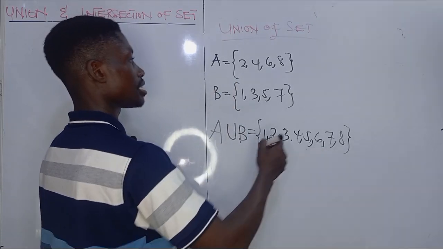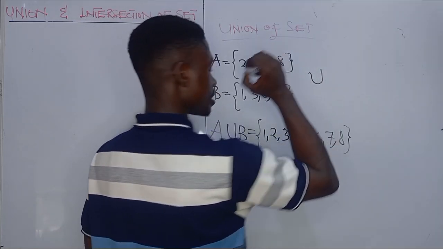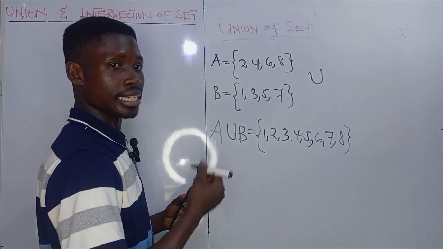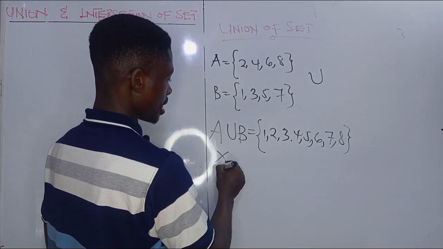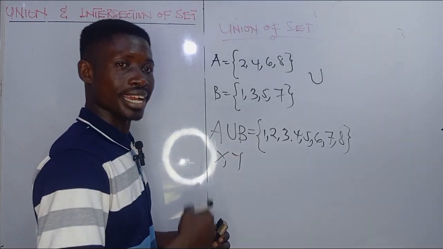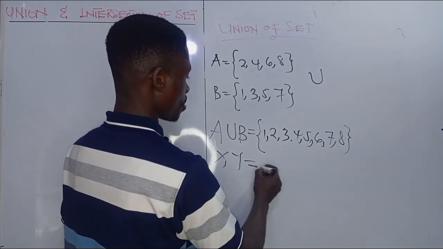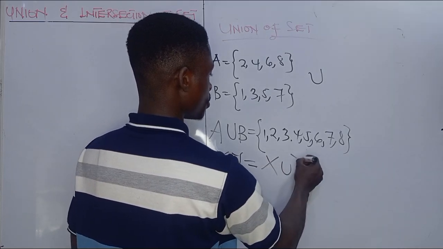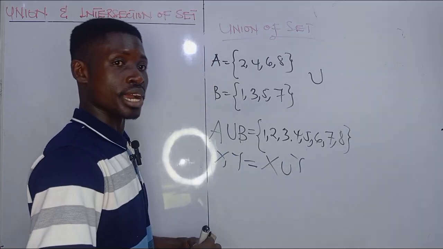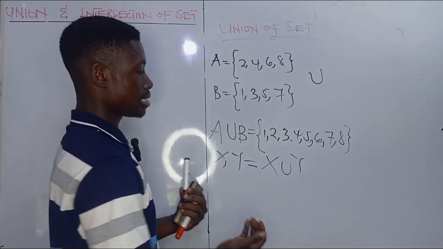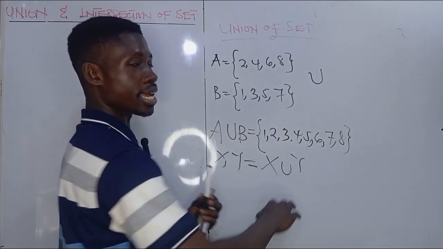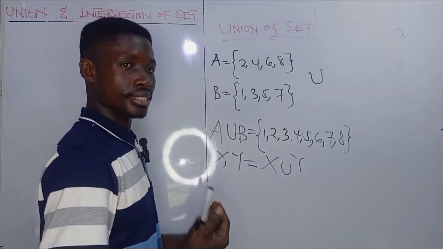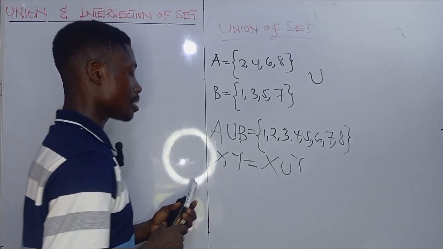So the union of sets is represented as this. If you have two sets, set X and Y, and we have to find X union Y, we are going to write it as X union Y. It means that we are just going to combine all the elements in set X and then set Y into a single set. Let's take another example.